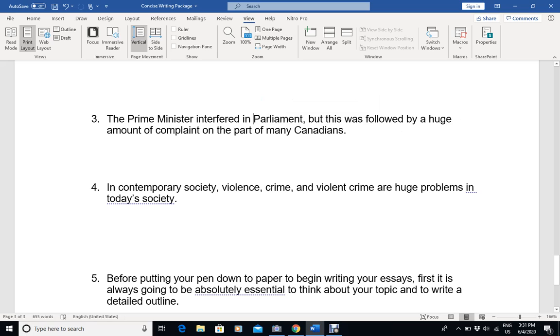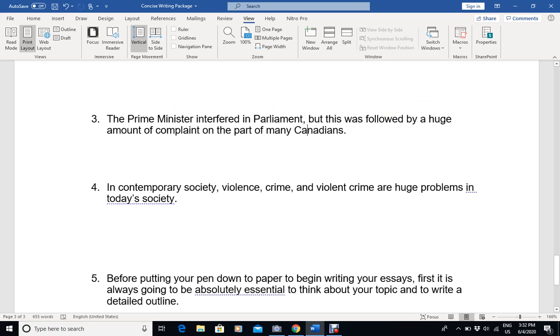but, and again, look, here we have yet another dummy pronoun. "This," I guess, is referring to the interference by the Prime Minister, but it's a little bit unclear. Again, the best thing for us to do is try to think about what is the action and who is doing the action. In this case, the action is complaint, or in the verb form, to complain. And the people doing the action are Canadians, or many Canadians.